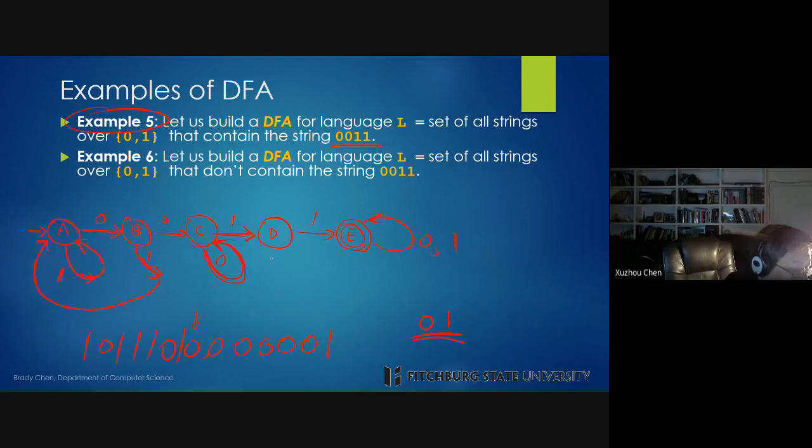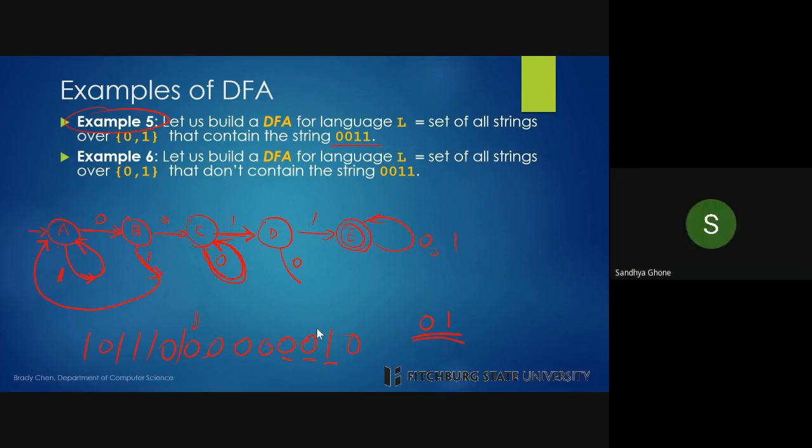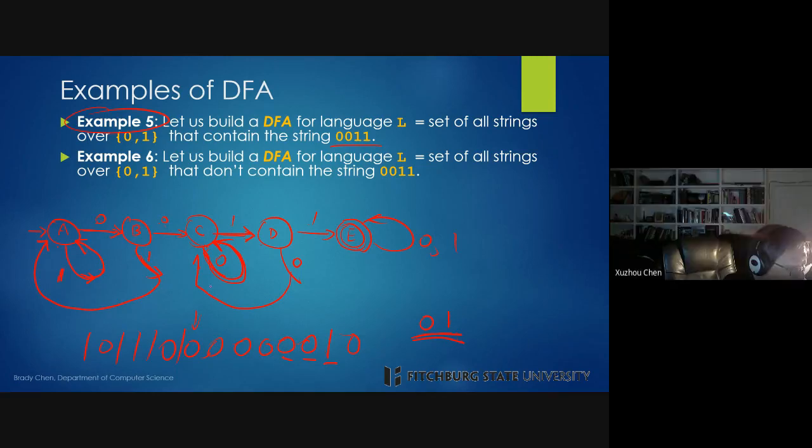Now here's a tough one. If I got a 0 here, so looks like I got 0, 0, 1. I'm almost there, but I suddenly got 0. Back to C? No, if I got a 1, that's not good.